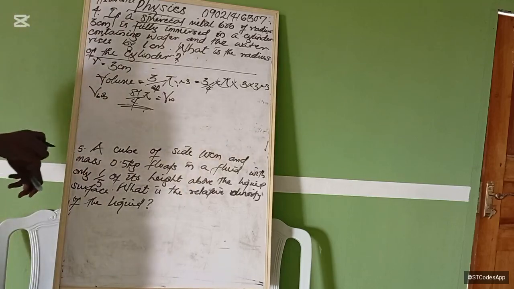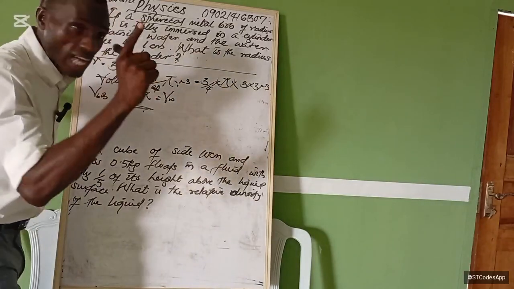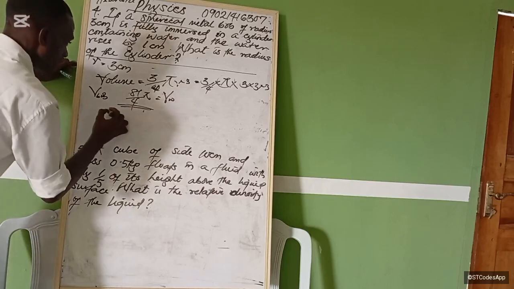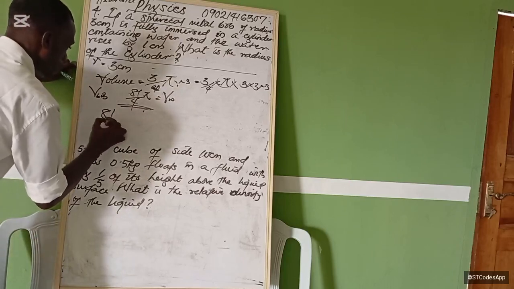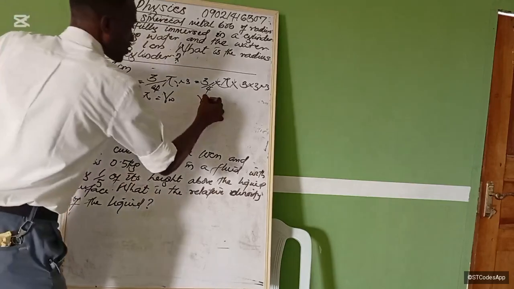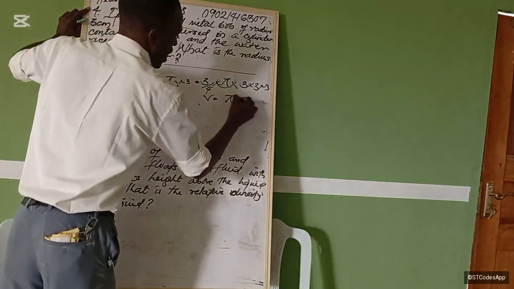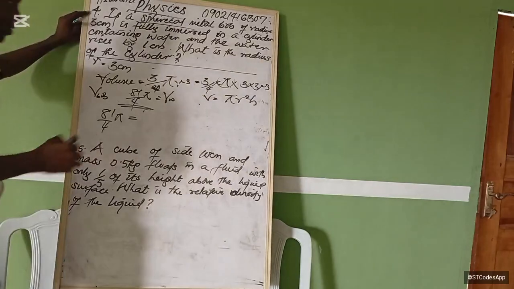Does that make sense? In other words, what is the radius of the cylinder? Recall that this volume, 81/4 pi, will be equal to the volume of the cylinder. What's the volume of a cylinder? The volume of a cylinder is given by pi r squared h.